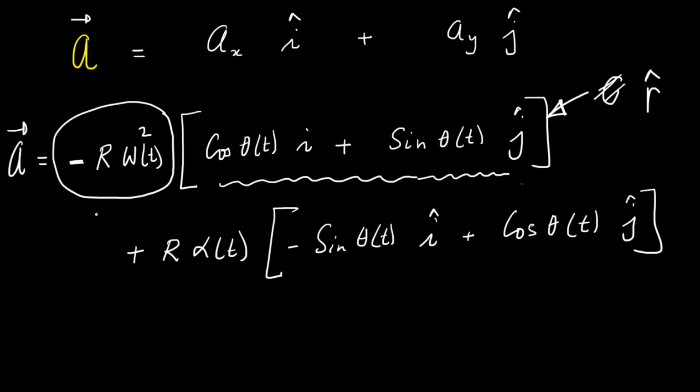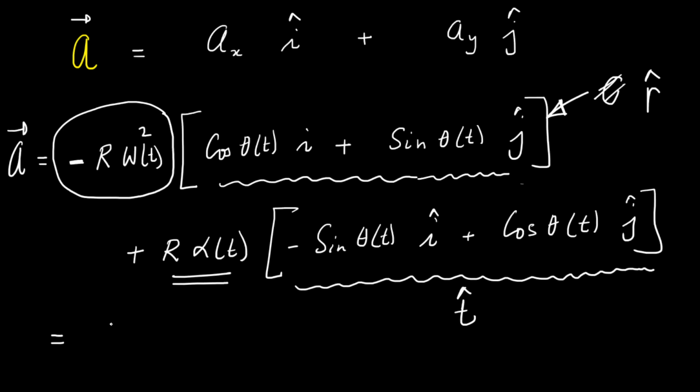This other part, now I don't want to repeat the same thing again, is basically in the direction of velocity, which is the tangential direction. We've looked at it so many times that you will immediately recognize this as a unit vector in the tangential direction, and this is the magnitude of the acceleration in the tangential direction. Therefore it can be written as the radial direction acceleration into the unit vector towards the center, or whatever you want to call it.